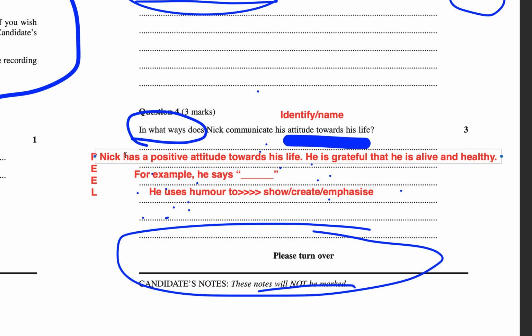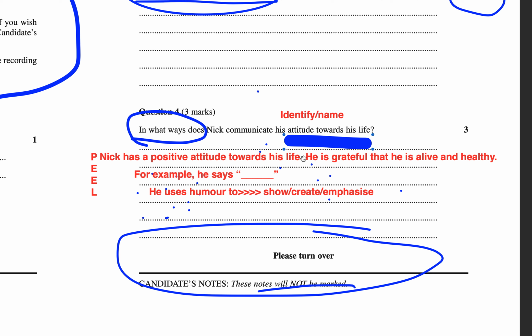So your point would be to first identify what is his attitude towards his life. You need to identify the focus. You can't just say, Nick communicates his attitude towards his life, full stop, because you haven't told me what is his attitude towards his life. So for example, if I say Nick has a positive attitude towards his life, full stop, I will need to explain a little bit more. Positive in what sense?